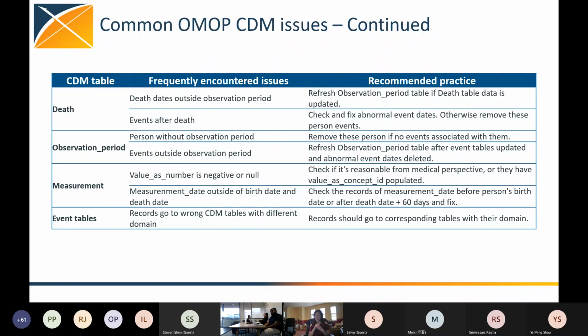So he did a federated network study, asked all of us for our measurement values, and which ones should be negative and which should not be. He wrote a bunch of standards for that already. There are only a handful, no more than 20 measurements that we found that allow for negatives.